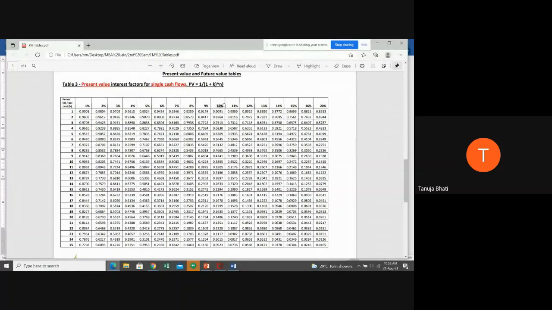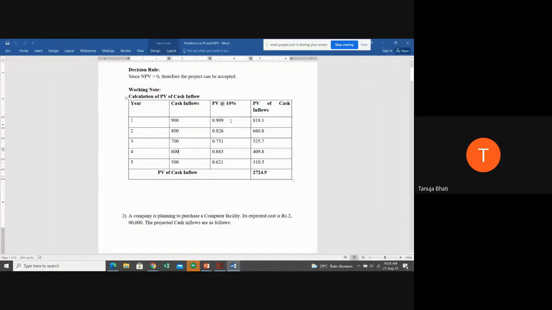So at 10% for 1 year, what is the PV? It is 0.9091. I have rounded off to 3 digits. You will write the complete 4 digits, which will give you a more accurate answer. So it is 0.909. Next, PV factor at 10% for the second year.